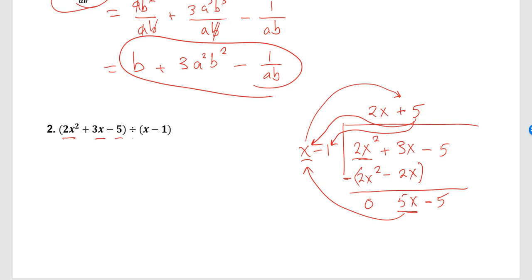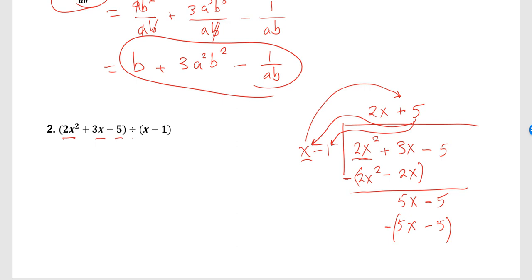And then write it out here. Okay, so 5 times x is, let's remove some of these arrows so we have space. 5 times x is 5x. 5 times negative 1 is negative 5. Look at that. And then just subtract these two from each other.